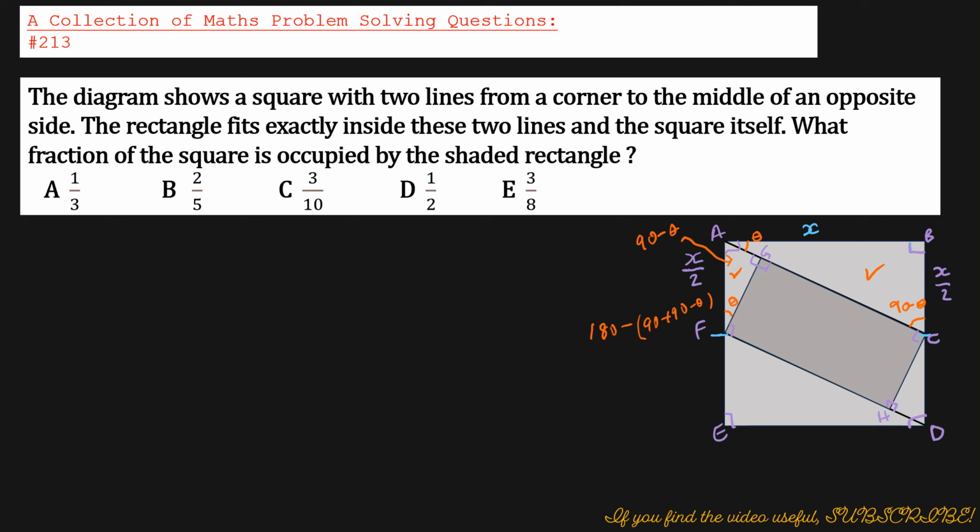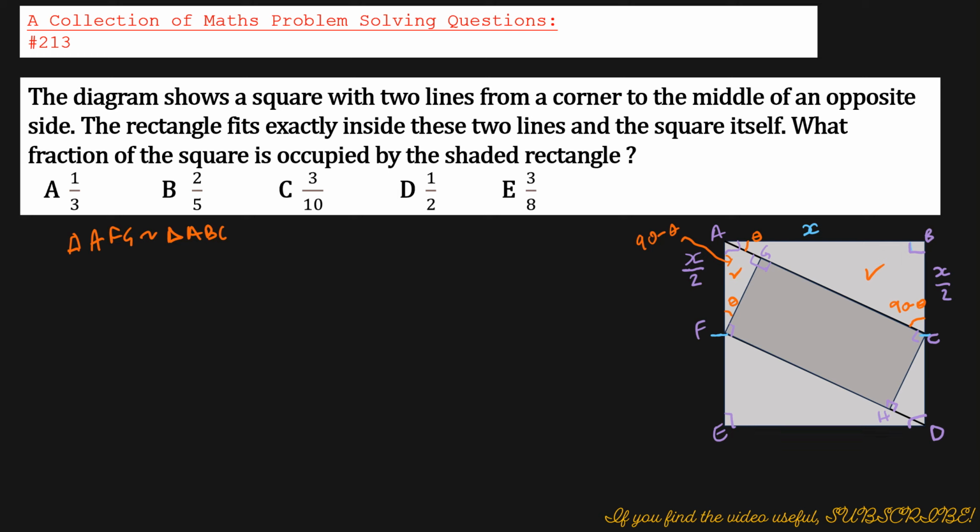So we got that sorted. So these two triangles are similar. We can write that triangle AFG is similar to triangle ABC.